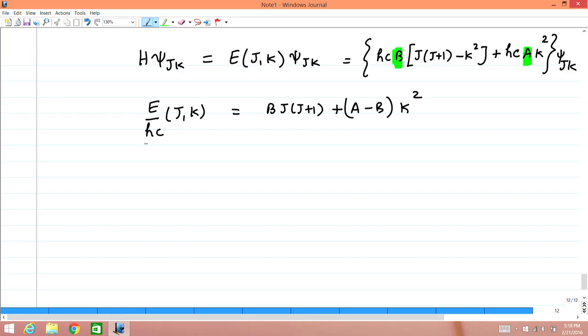Therefore, you see that the energy levels are no longer 2J plus 1 fold degenerate as they were in the case of a linear or diatomic molecule.